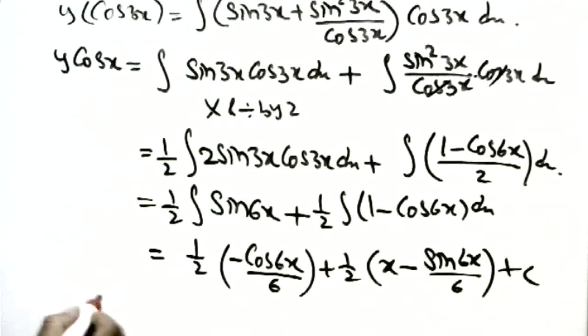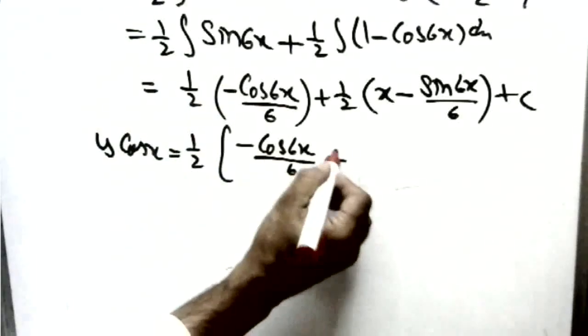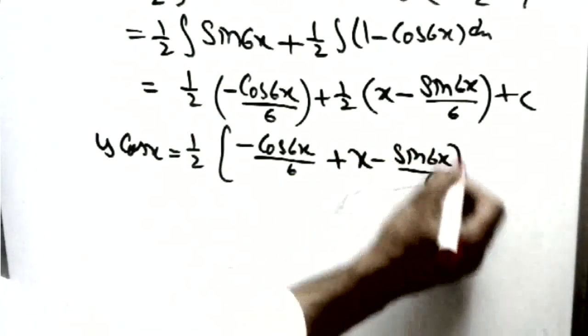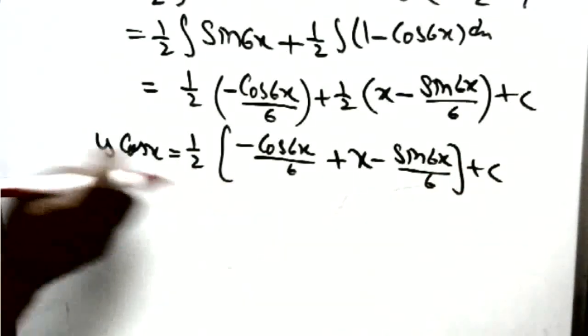So we can just take the common. What is left here? y cos 3x equals, let me take 1 by 2 common from both these two. So we are left with minus cos 6x by 6 plus x minus sine 6x by 6 plus c.